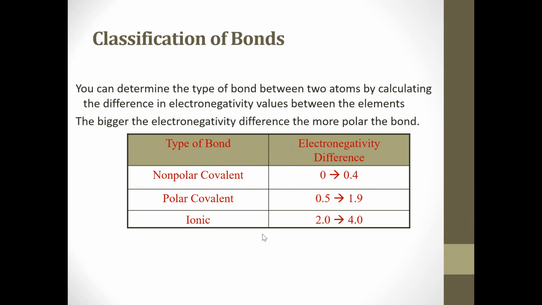So if the electronegativity difference is very small, like between 0, non-existent, and 0.4, we consider that bond to be covalent because it's sharing, but also it's going to be nonpolar because it's sharing pretty evenly. The two electronegativities are barely different. If the electronegativity difference is between 0.5 and 1.9, we say that bond is going to be polar covalent. And if the difference is big, like between 2 and 4, we might call that an ionic bond.